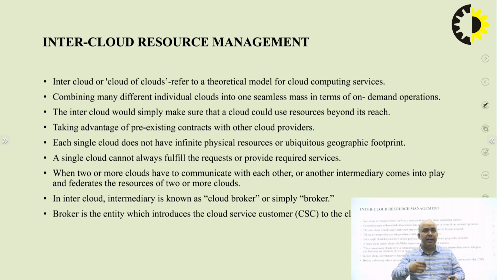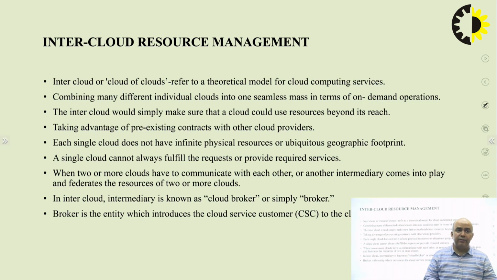It means, as I already told you, the cloud service provider doesn't have infinite resources. They have finite resources, and if the resources are exhausted and requests keep coming, they can get resources from other clouds. In order to access those, they can take advantage of pre-existing contracts with other cloud providers.